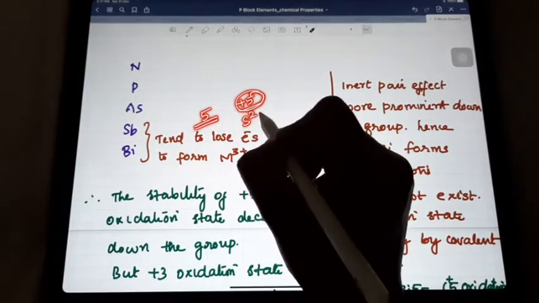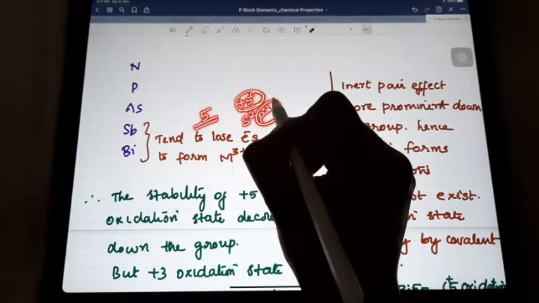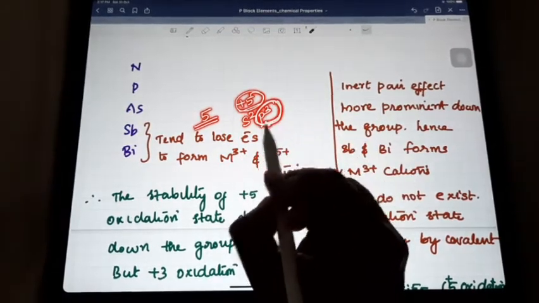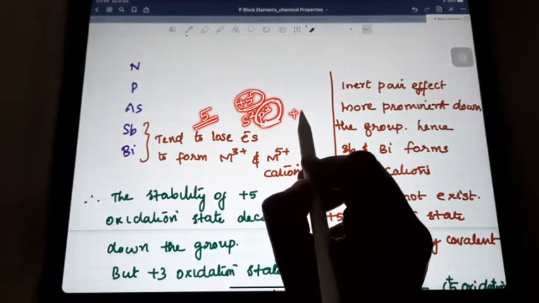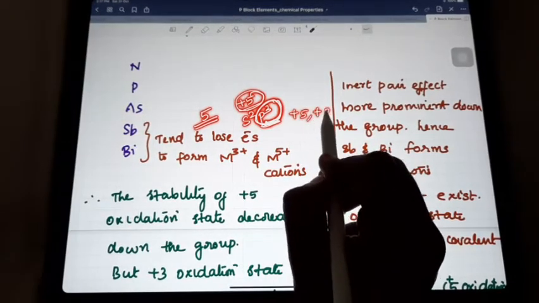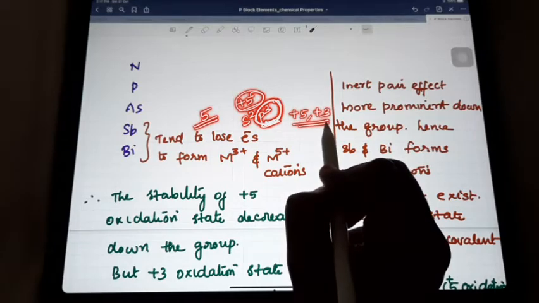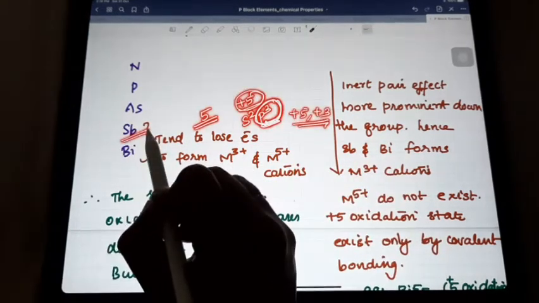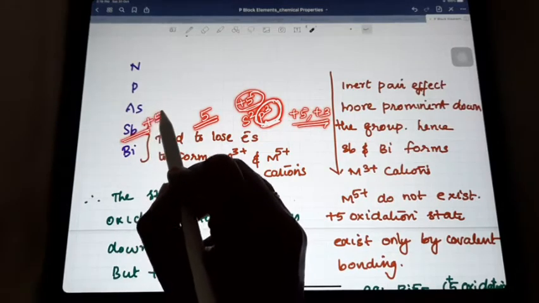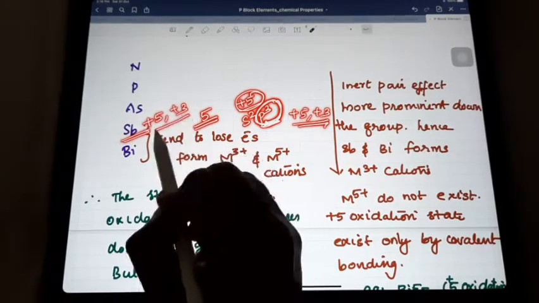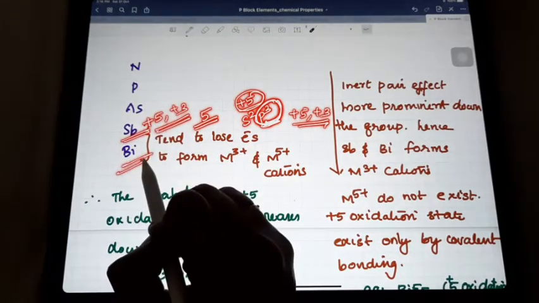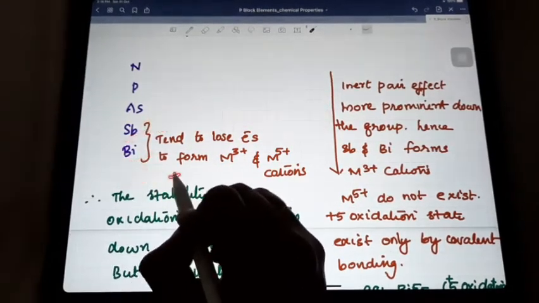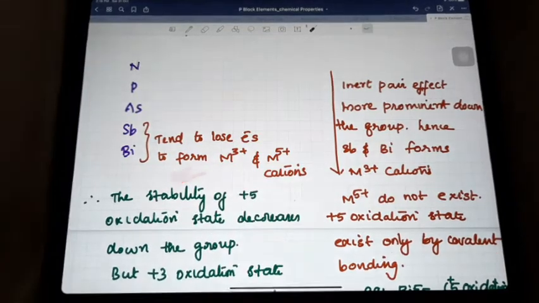Sometimes, because of the s2p3 configuration, some of the elements lose only 3 electrons. So there is a chance of +5 oxidation state and also +3 oxidation state. In the case of antimony, they form both +5 and +3 oxidation states. But bismuth forms the +3 oxidation state but does not form the +5 oxidation state.